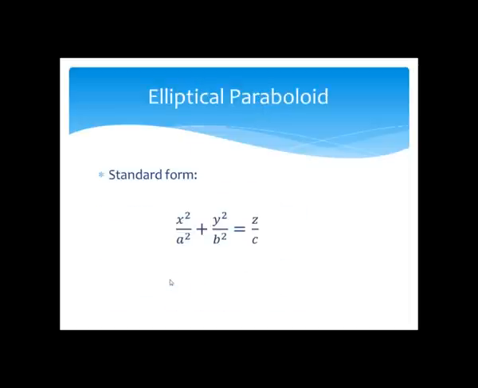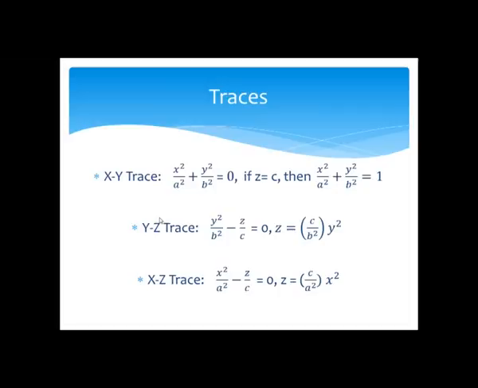Next, we will look at the elliptical paraboloid. The standard form is thus: x squared over a squared plus y squared over b squared equals to z over c. So to sketch the elliptical paraboloid, what you need to do is to find the traces.